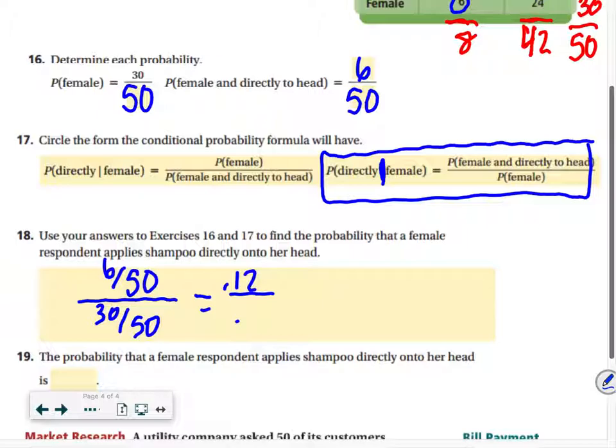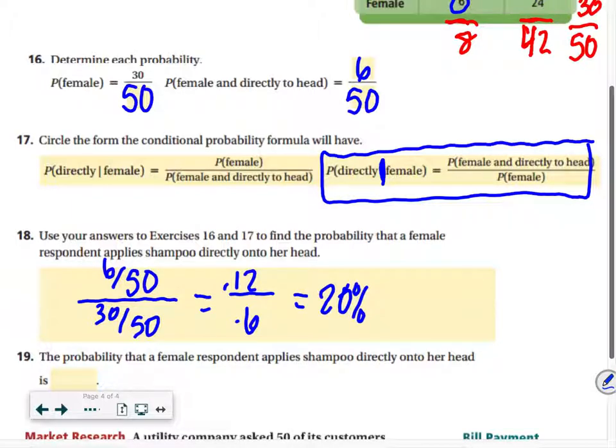So what is 0.12 divided by 0.6? It's 0.2, so times 100 would be 20.